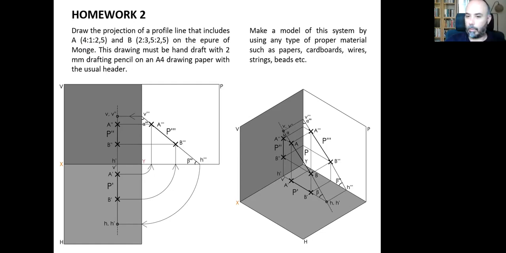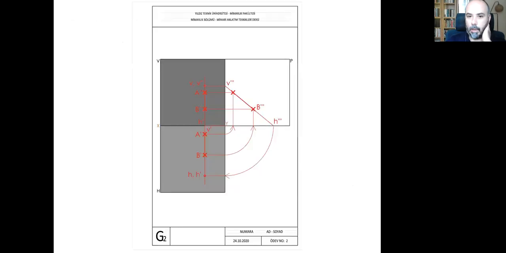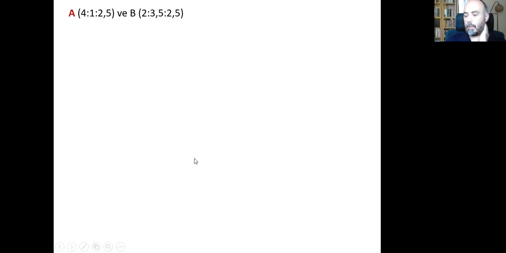I don't want you to pay any money for model material. The important thing is to be careful about the quality of the model and the drawing.